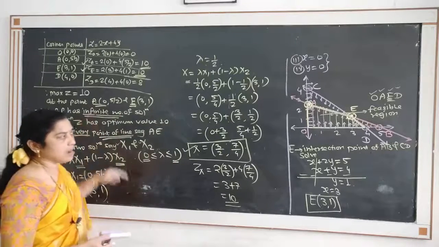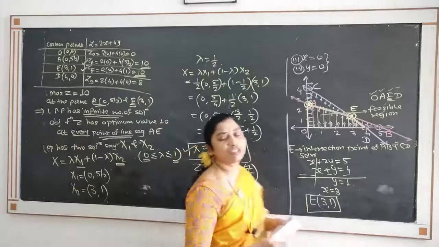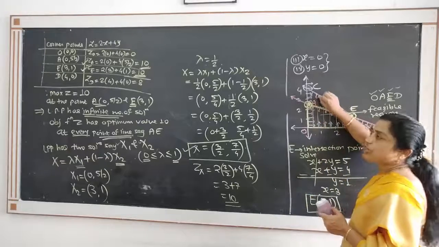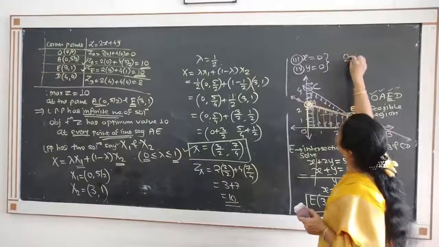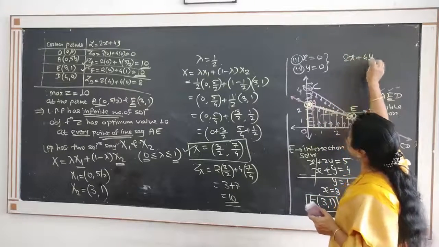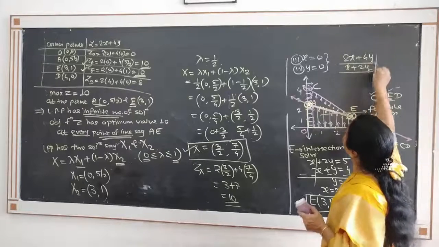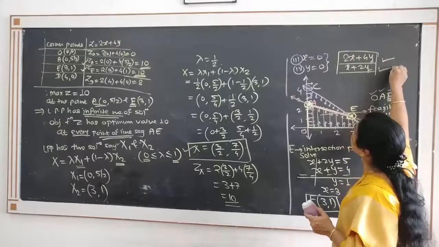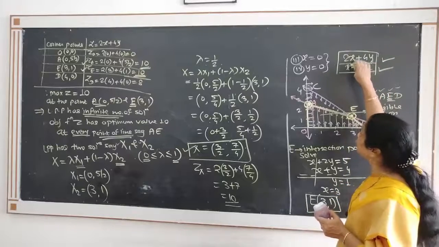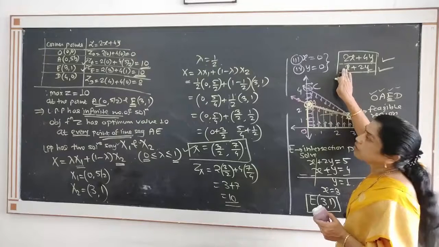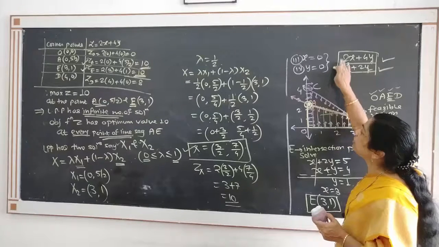The reason is that if you see the objective function and first constraint, which forms the boundary of this feasible region, the objective function is 2x plus 4y and the first constraint is x plus 2y. If you see, the slopes are equal, or you can say this objective function is twice of this constraint, meaning it is a multiple of that.